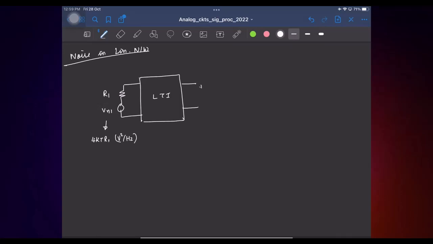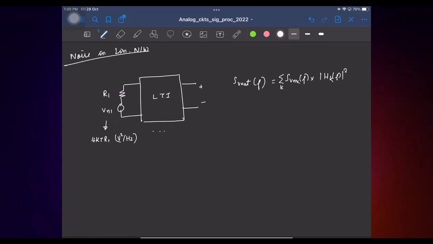So let's say I want to find the power spectral density at the output. So due to this noise source, what will it be? That's just SVN1 of f times mod H1 of f square. Right? That's basically the transfer function from this source to this. Right? Of course, if we have multiple resistors, this is summation over k.